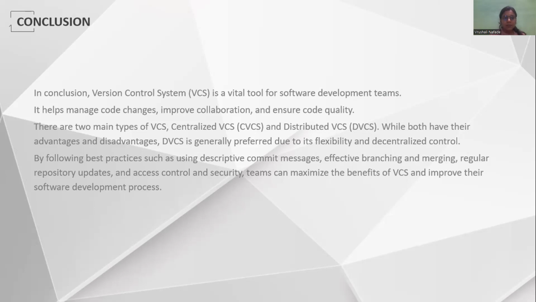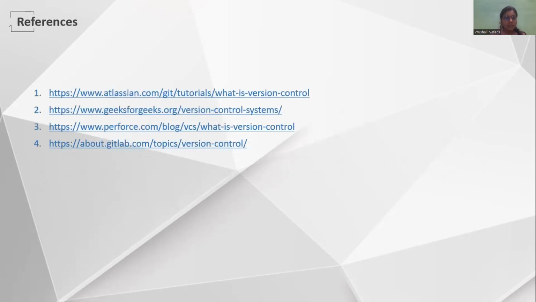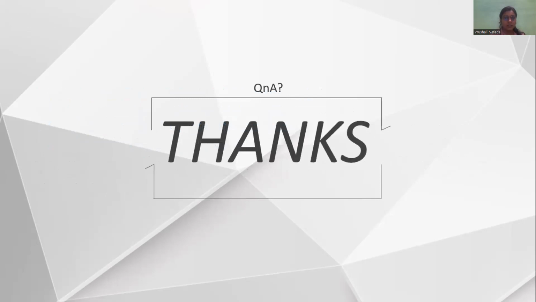By following best practices such as descriptive commit messages, effective branching and merging, regular repository updates, and access control and security, teams can maximize the benefits of VCS and improve their software development processes. These are the references. Thank you.